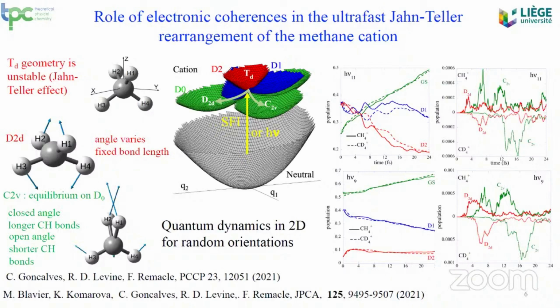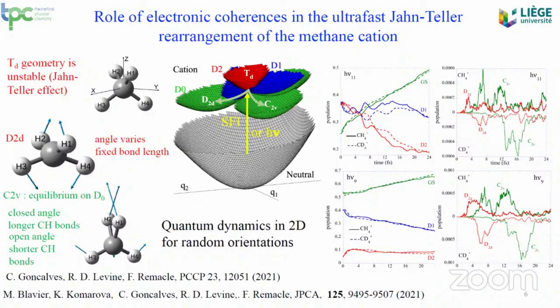And the point is that when you look now at the quantum dynamics, and here we have a 2D model for 3 electronic states, but we did include the random orientation of the molecule with respect to the field. And we see that depending on which kind of energy we use to photoionize, here it's photoionization of the neutral, either the 11th harmonic of the 800 nm infrared pulse or the 9th.